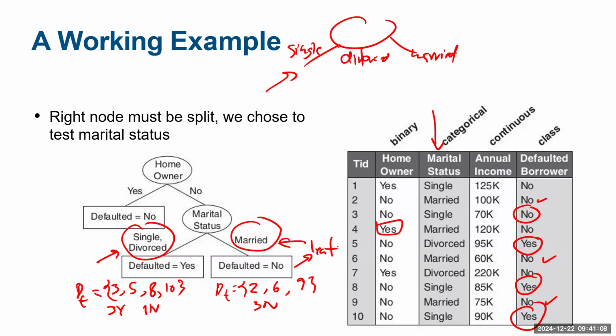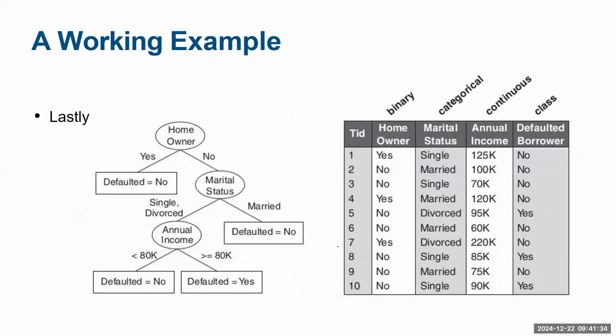On the left side, you have 3 yes and 1 no. Basically, it's almost yes except one person. So you can split this even more, right?